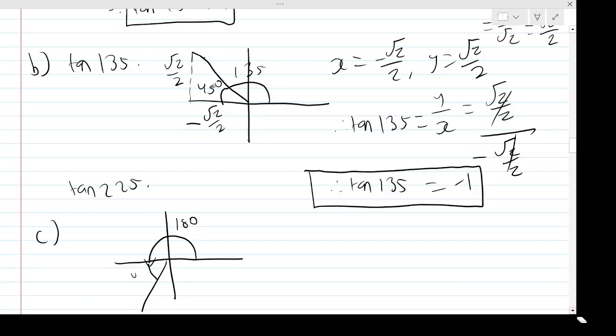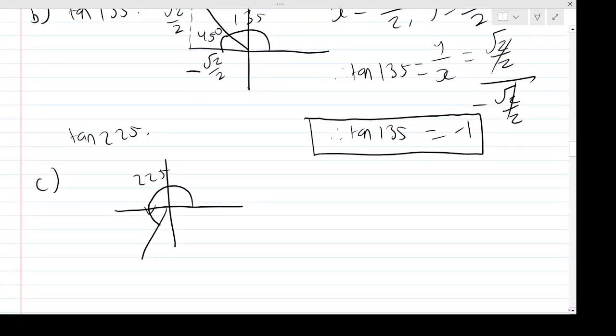So overall, we start here and end up there, that whole angle is 225. Again, alternatively, as we discussed, this angle here was 45. So we can create another triangle, right? So that's 180, and then another 45 would be there. So then we've got the same sort of 45-degree triangle.